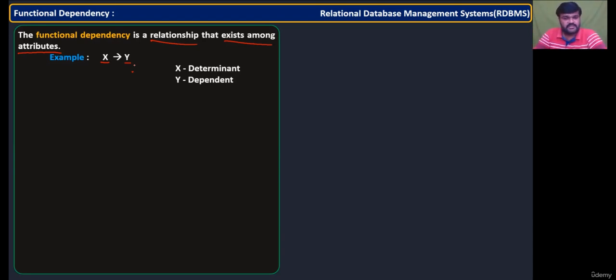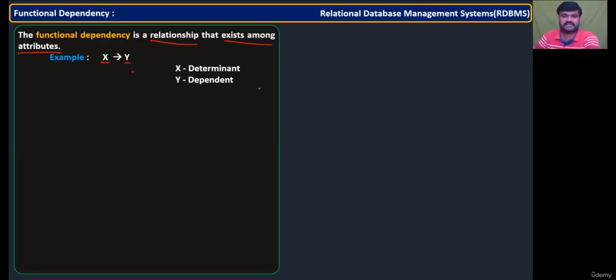Wherever the same value of X is there, you derive the same value of Y. Sometimes the same value may repeat in more than one row, so wherever you have the same value of X, you derive the same value of Y. Then only are you able to place this relation, X derives Y. So X is the determinant, Y is the dependent.